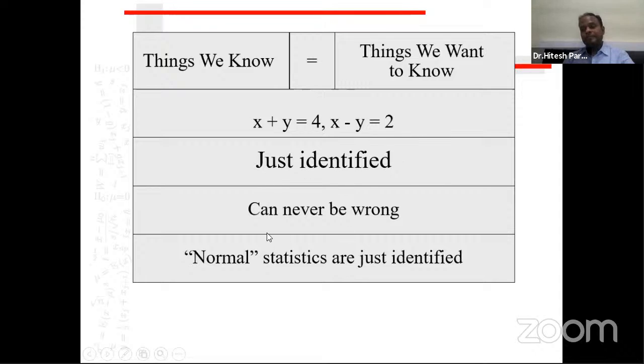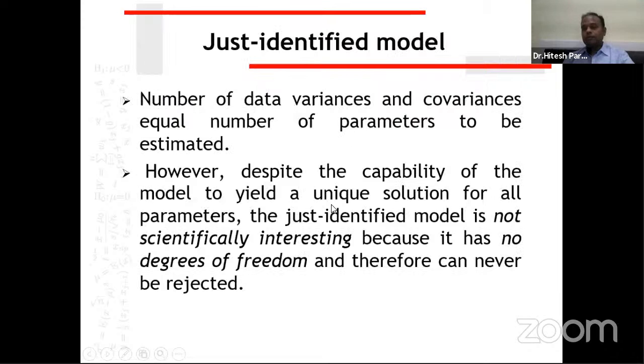But the problem is, just identified models can never be wrong, right? It will be right all the time. So normal statistics are just identified. Then, the just identified situation: the number of data variances and covariances equals the number of parameters to be estimated. Whatever we want to estimate, exactly that information we have.